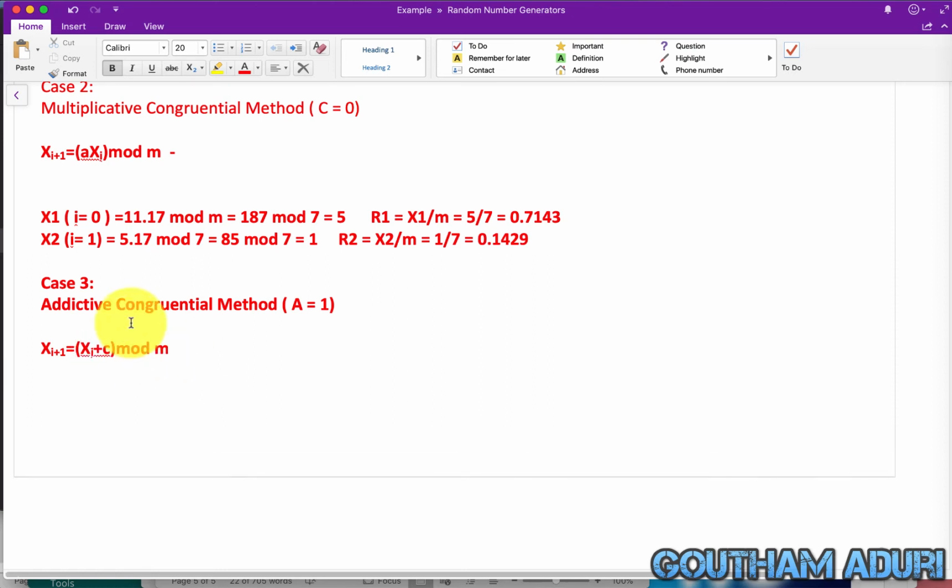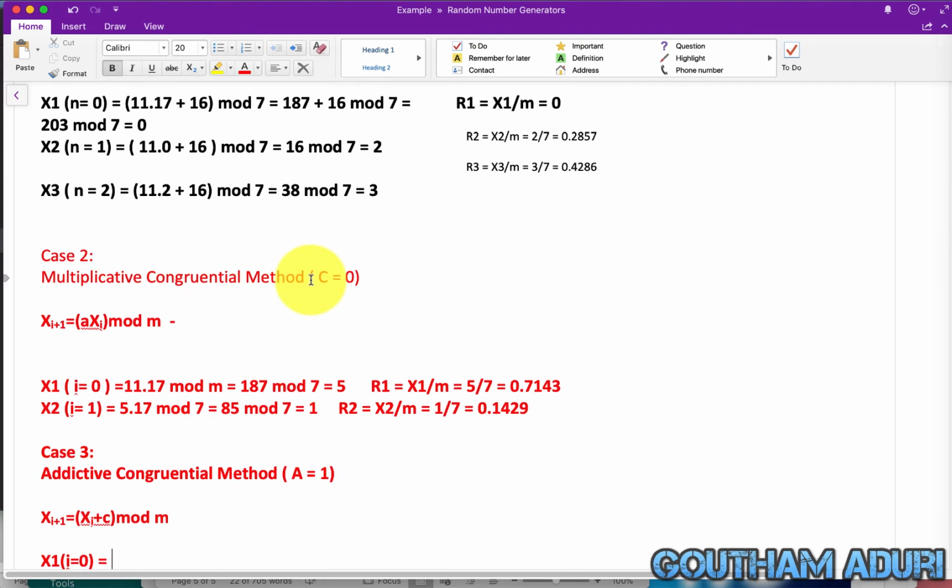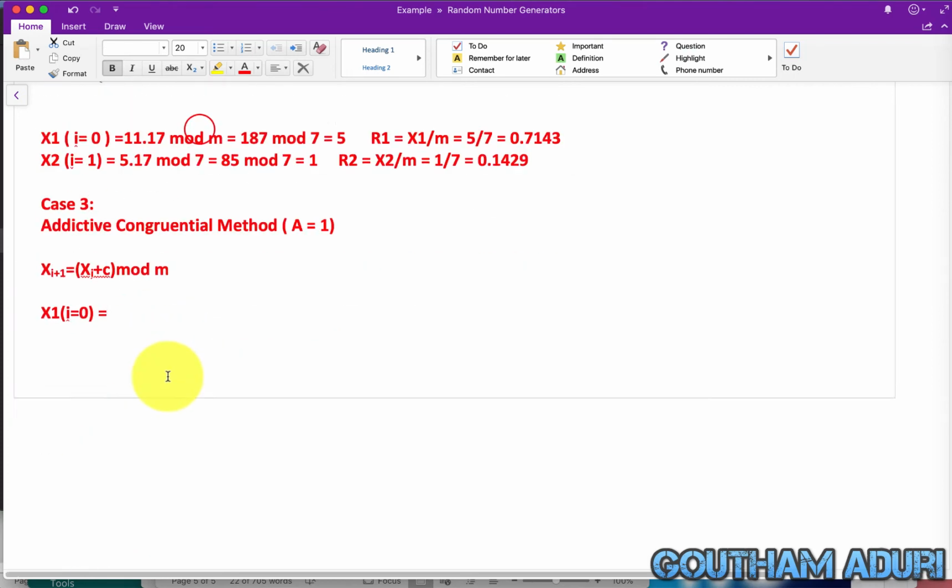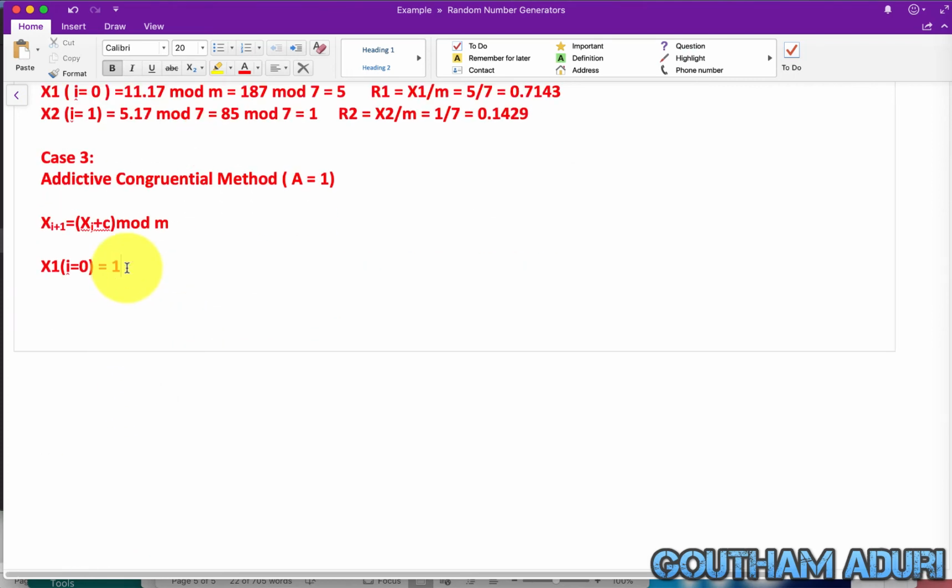So we just need to do the same thing: x1, so i equal to 0. There is no a, so it should be xi. x0 is the initial value, so x0 is 17, so 17 plus c.